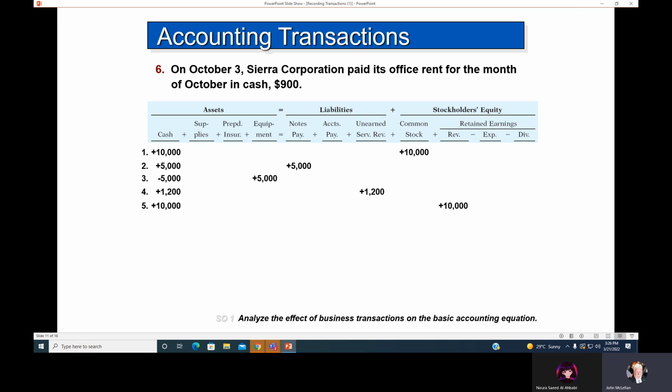Always, but notice it's got a negative sign in front of it. So therefore, I record it as a negative. So I have a negative on the asset side, and I have a negative in the expenses. Any questions?